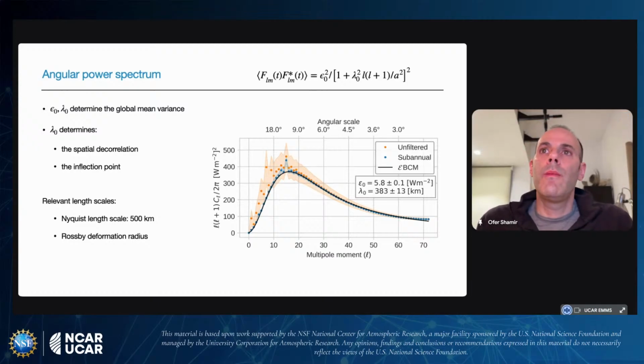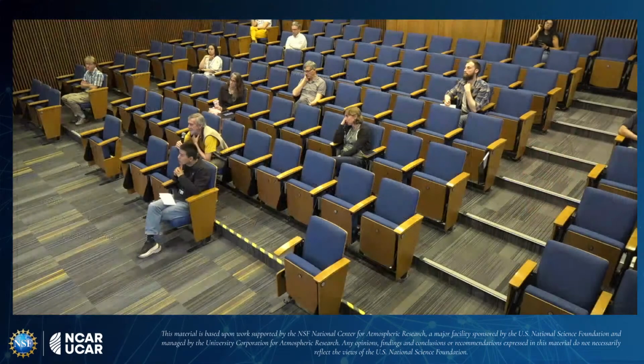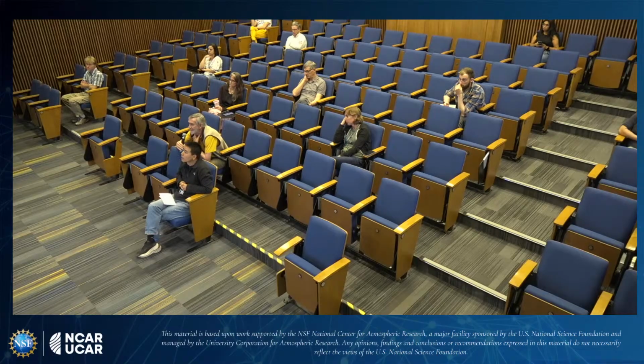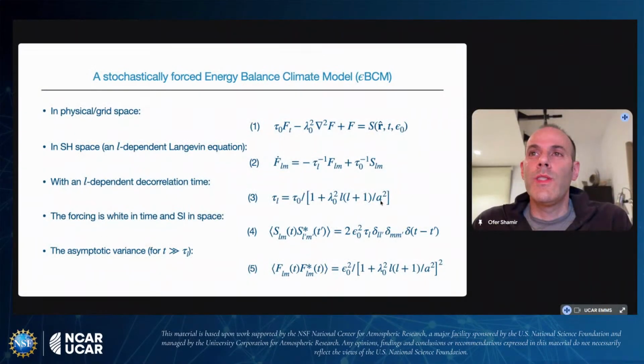So, Ofer, can I ask you a question here? Sure. I'm unsure what this parameter A is. From a couple of slides before, certainly in equation 3, you've got this A, which I don't see defined. Sorry, it's not defined here, but I mentioned it. It's the radius of the Earth. So the eigenfunction of the Laplacian is minus L(L+1) over the radius squared. Okay, so that's a given constant.